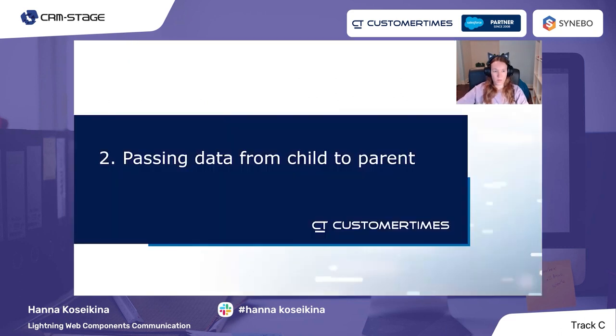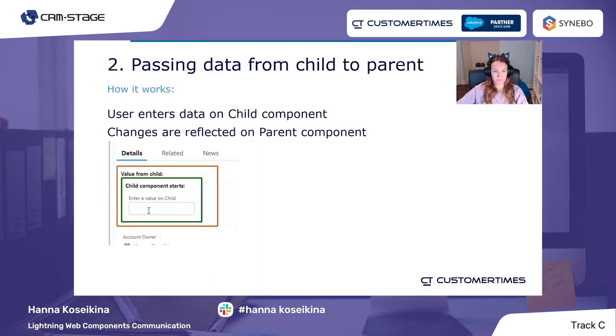And let's go to passing data from child to parent. How it basically works, I have some text field on a child, and when I enter some value, it gets reflected on a parent output. How can we do that?